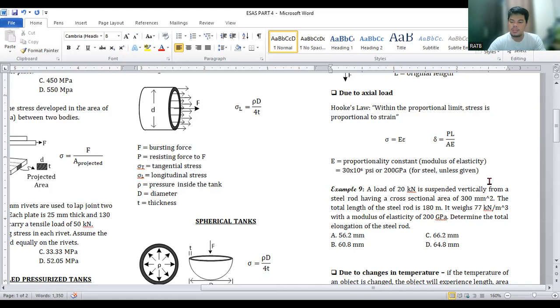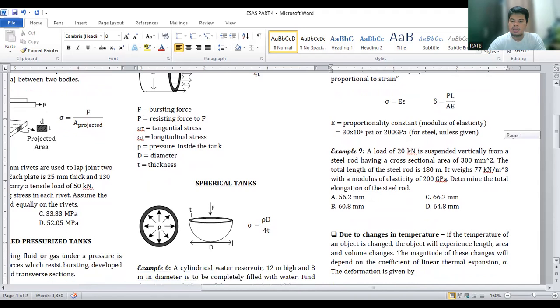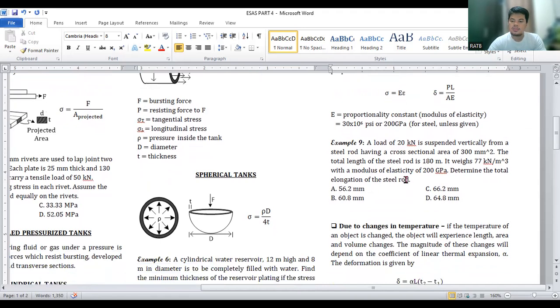gigapascal. Okay, so in example number 9, you have a load of 20 kilonewtons suspended vertically from a steel rod. So you have the steel rod with the load attached. The cross-sectional area is 300 mm square.